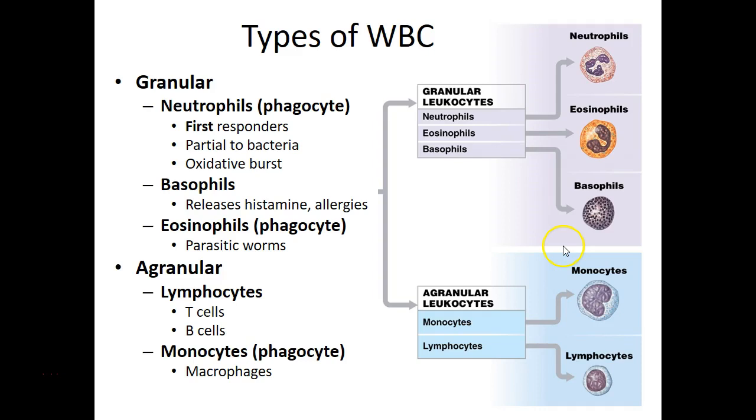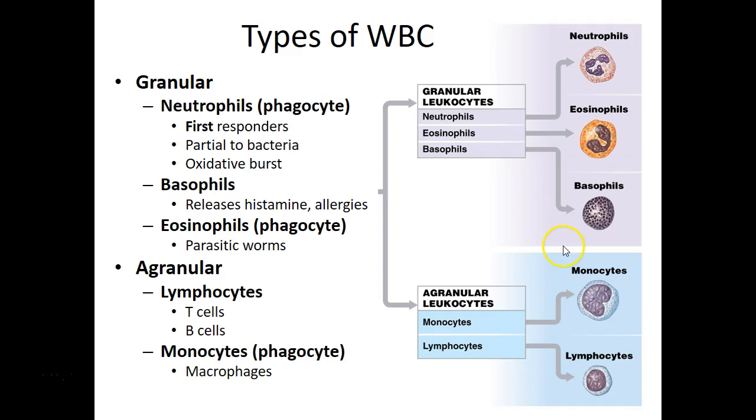So it turns out neutrophils are also a pretty good phagocyte, but these are kind of the nuclear option for getting rid of a bacteria. They do something called oxidative burst. So how many folks have heard of reactive oxygen species? How many folks have heard of antioxidants? Antioxidants are there to help combat reactive oxygen species.